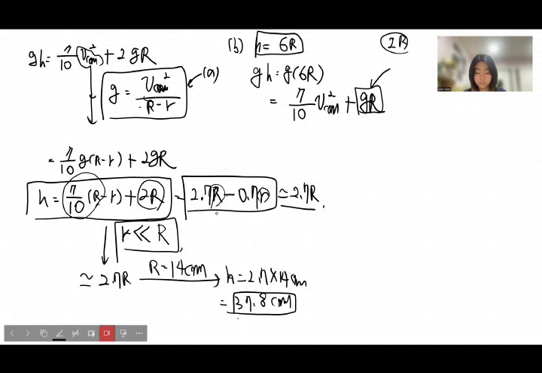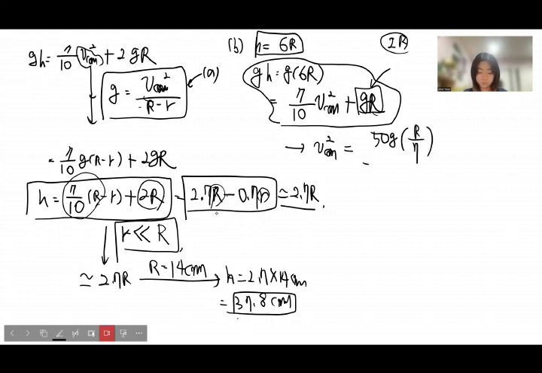Now it's changed to the middle of the track, so that 2R changed to R. So now if you simplify this formula, the speed of the ball, v center of mass squared, is 50gR over 7. You can rearrange this equation and you should be able to find this relation.